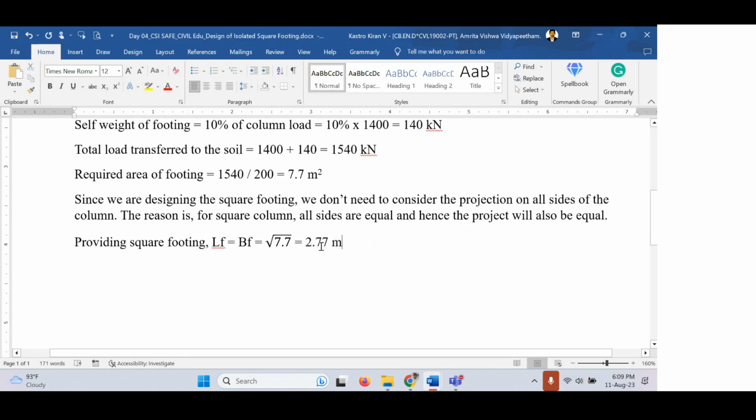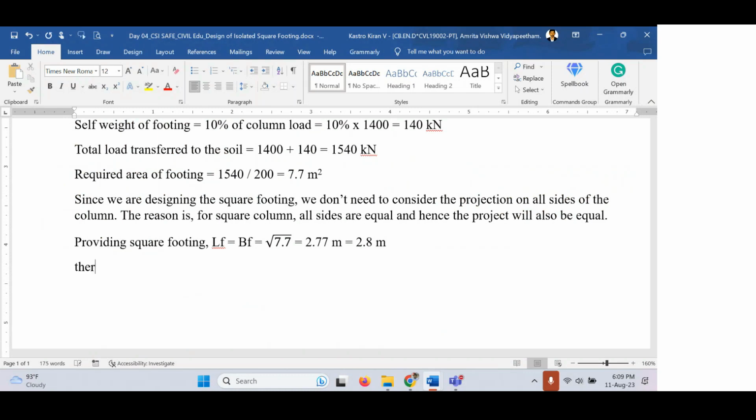It is not possible to provide exactly 2.77, so I will round off this value to 2.78 meters, or you can also go with 2.8 meters. For easier calculation, let me go with 2.8 meters only.